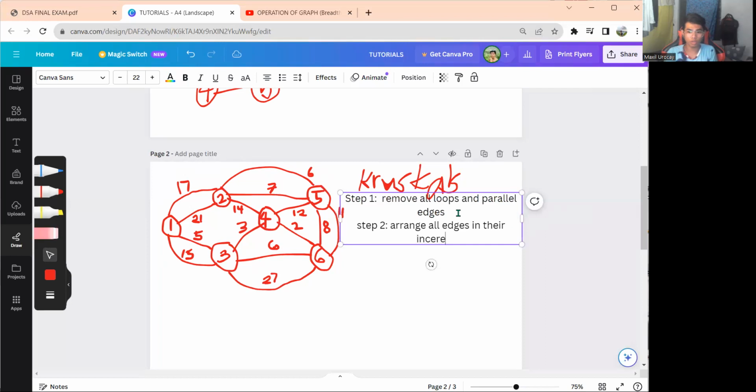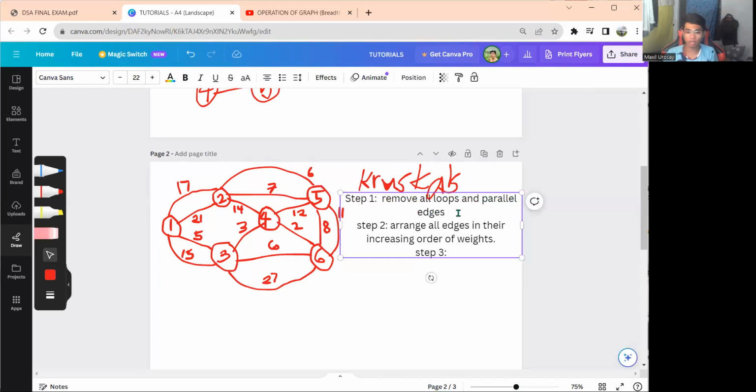When we say increasing order, ascending order, from the lowest weighted edges, in order of weights, like that. So from the smallest value until the biggest. That is what we look at in Kruskal's algorithm.